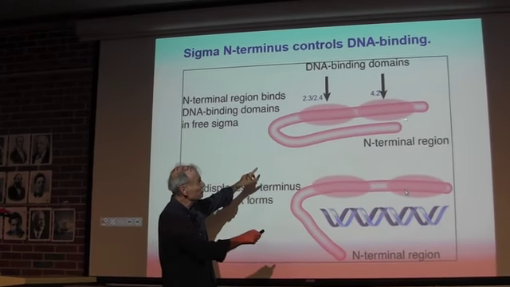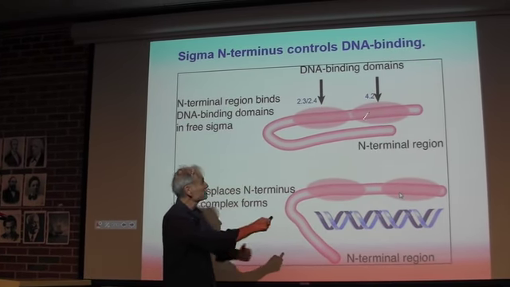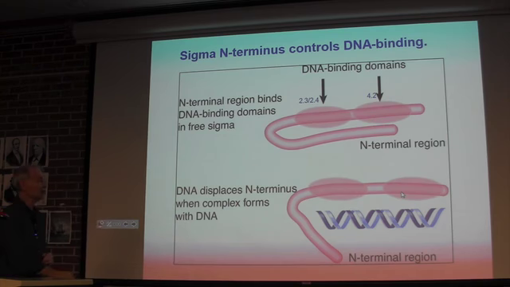This is the domain 1.1. It folds back on itself and makes contact with 4.2. Only when it's in contact with the core is it able to open up, and now its recognition domains, 2.4 and 4.2, are able to recognize a promoter.